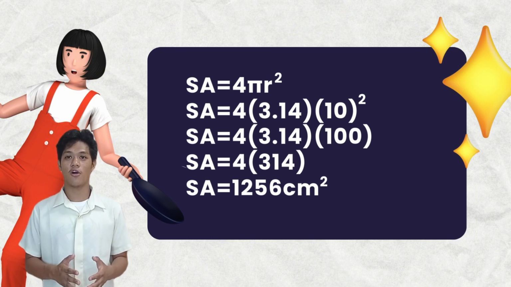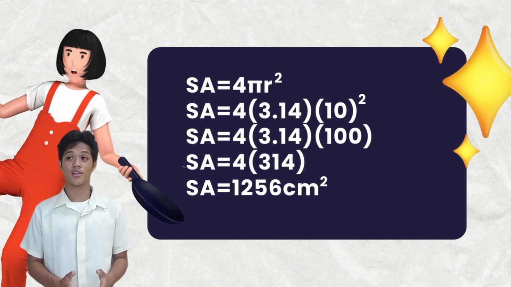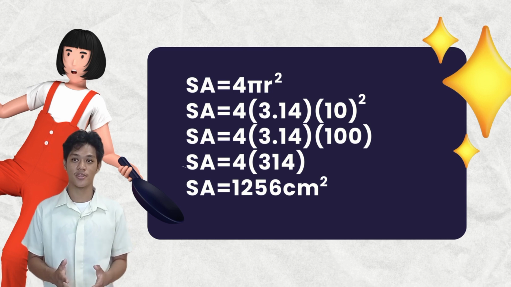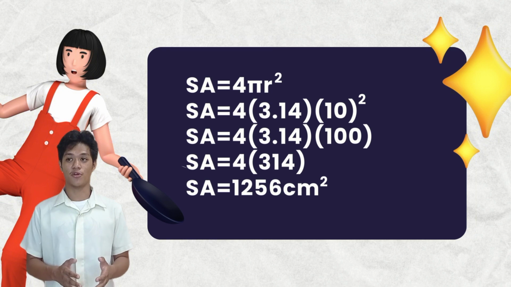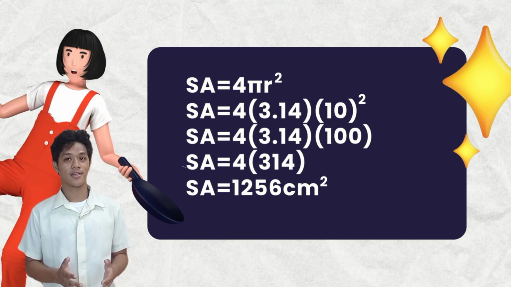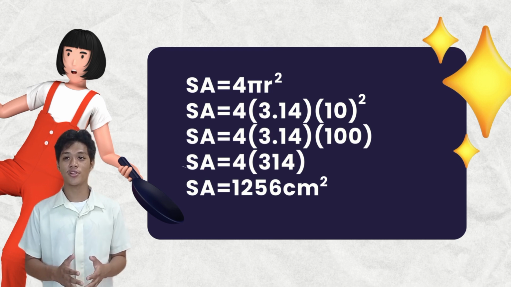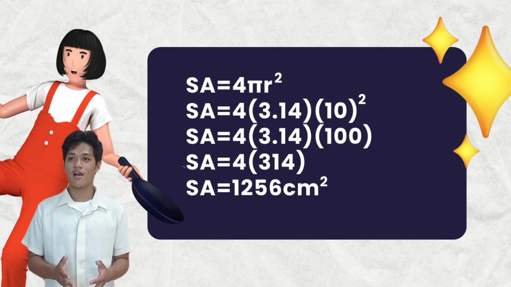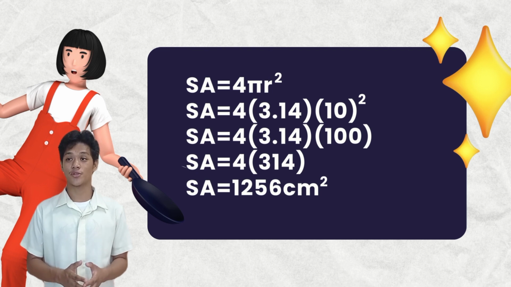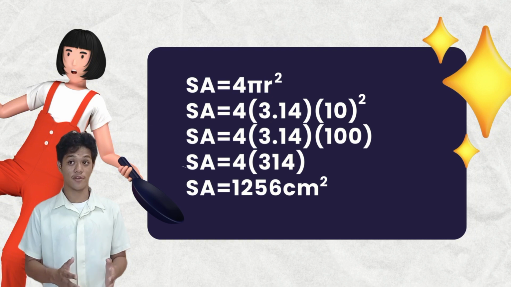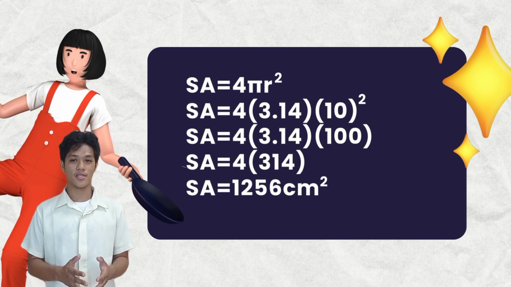Substituting the value of the radius in the formula, we get surface area equals 4 times 3.14 times 10 squared. So we substitute 3.14 as the value of our pi, then it becomes surface area equals 4 times 3.14 times 100. Then our surface area is 1,256 centimeters squared. Therefore, the surface area of the sphere is 1,256 centimeters squared.